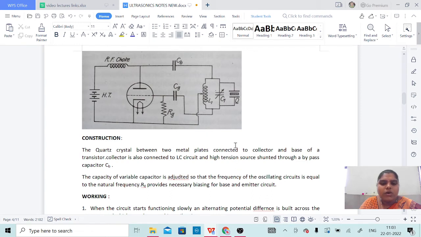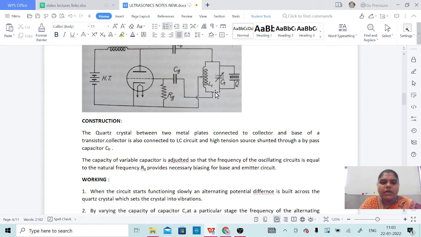Rg, this resistor, provides the necessary biasing for the base and emitter circuit. Only when the applied frequency matches the natural frequency of the crystal can we get ultrasonic waves.